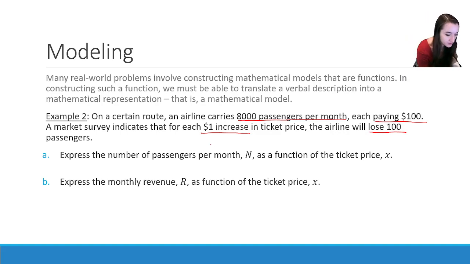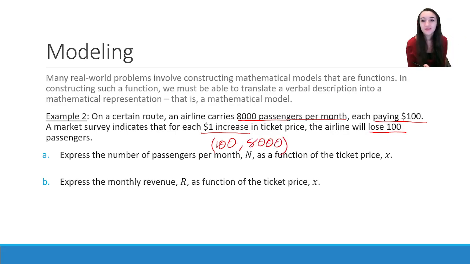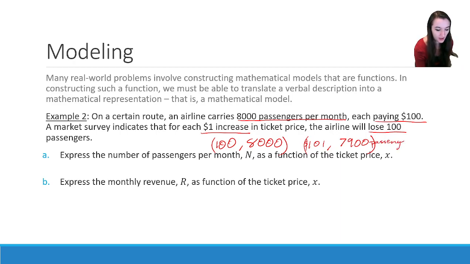So we have this point, 100, 8,000. And then I can come up with another point. For example, if I charge $101, then I will have lost 100 passengers. So in other words, we get 101 and 7,900. $101, 7,900 passengers.